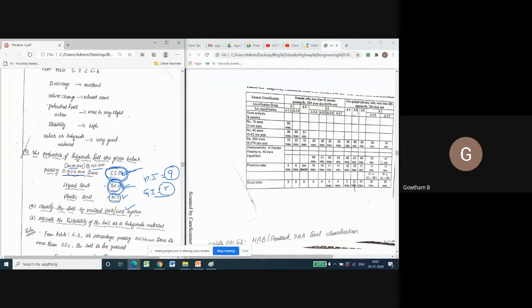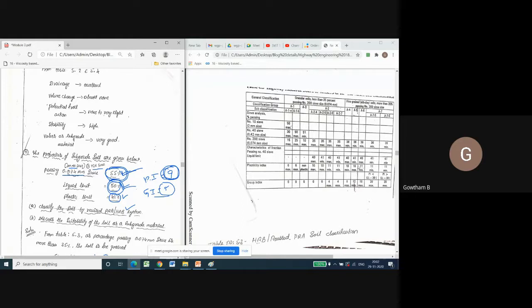Now we have to find specifically whether it belongs to A5 or A7. In order to see that, finally we will check the plasticity index for A5 and A7. Our plasticity index is how much? 9. Now what is the plasticity index of A5? 10 is the maximum, and for A7, 11 is the minimum. If the minimum is 11, I can put that soil under A7, but ours is only 9.